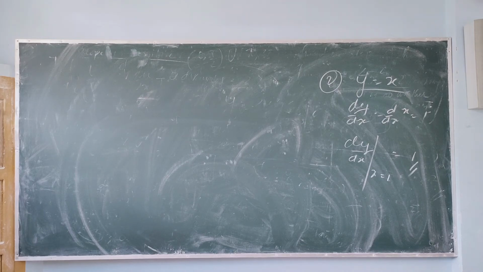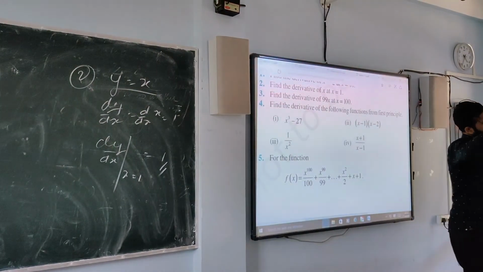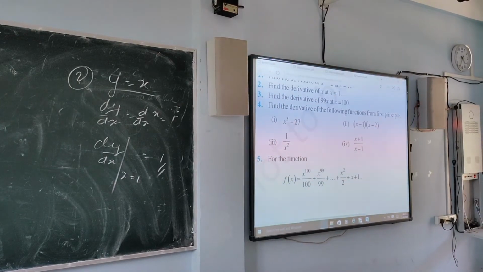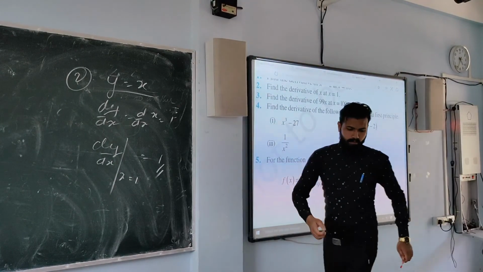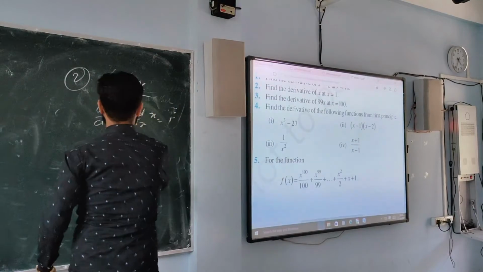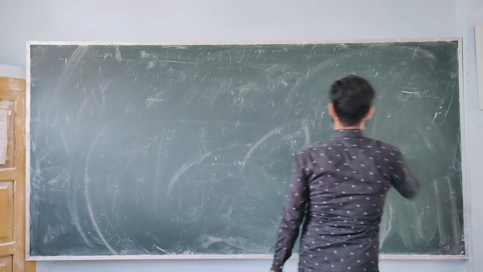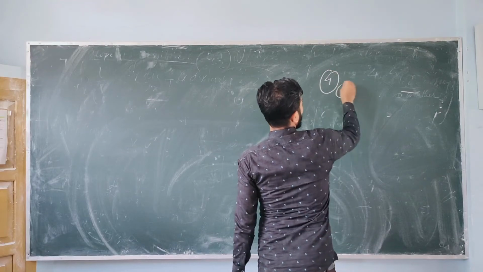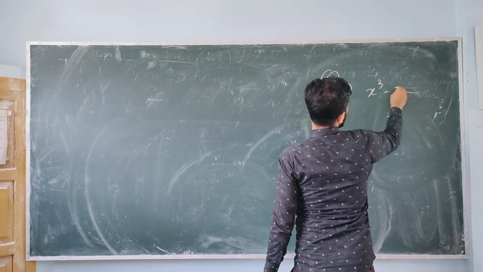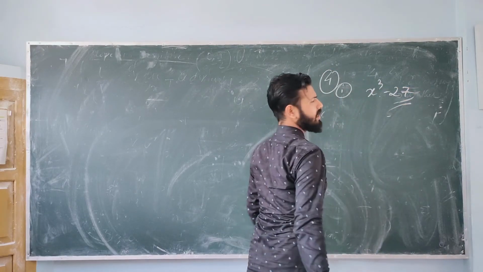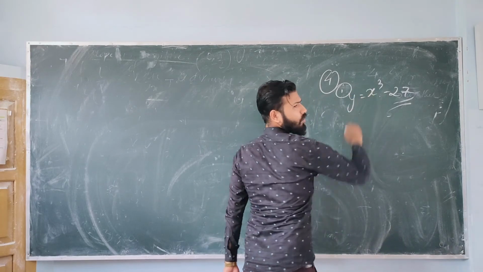Question number 4 is very interesting. Find the derivative. Don't use first principle, instead use the direct derivation, and get the answer directly. It is x cube minus 27. It is y only, y equal to x cube minus 27.